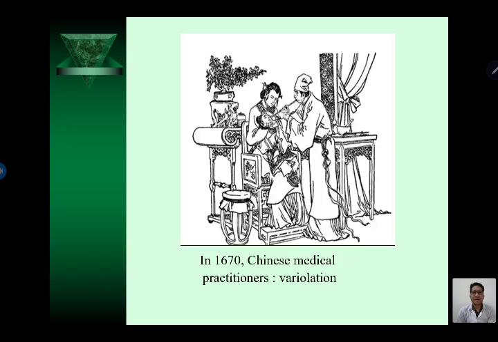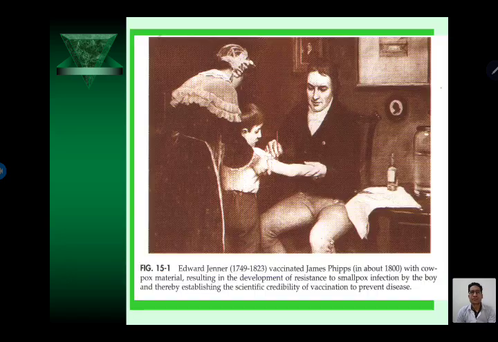In 1670, Chinese medical practitioners used variolation.